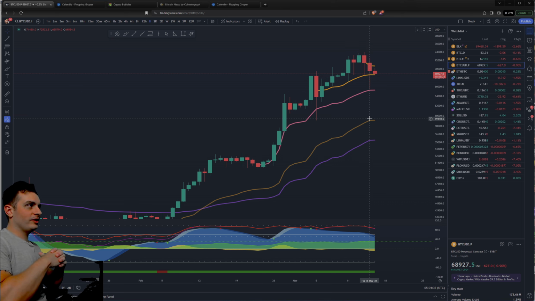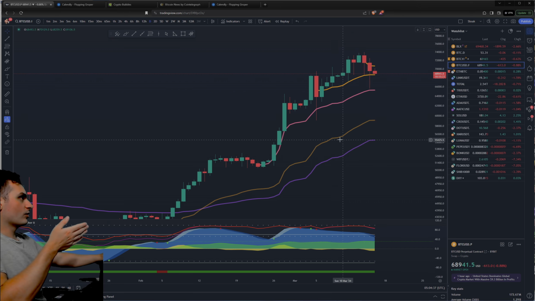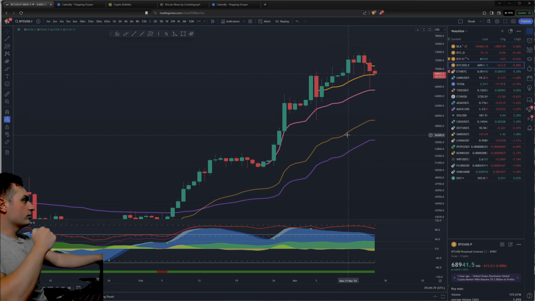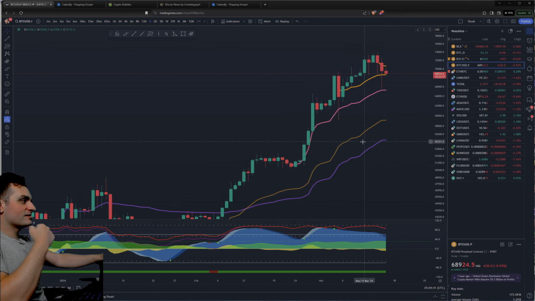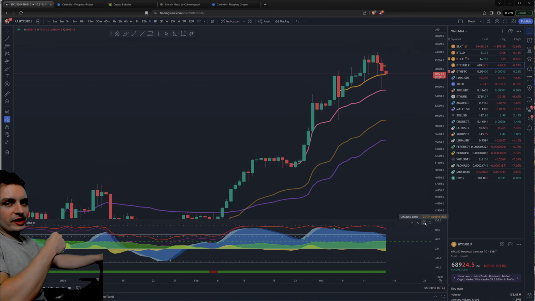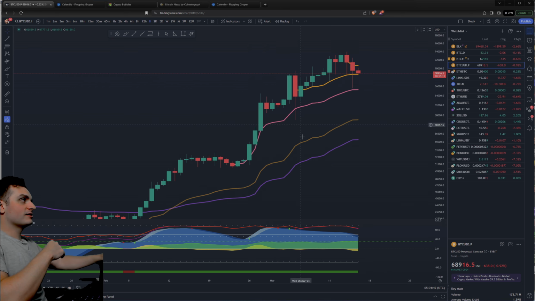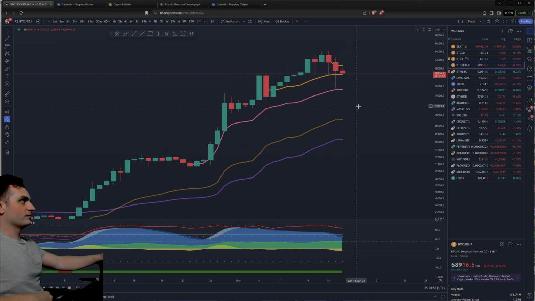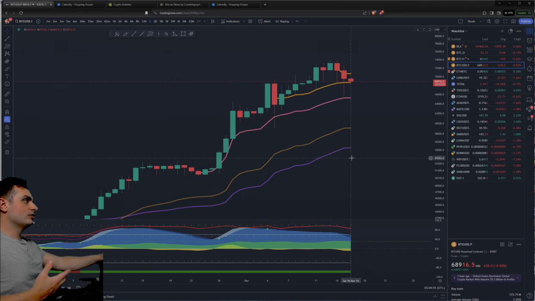So the fact that we have some dynamic supports that are volume weighted, you know, me and CF, we love volume weighted indicators. We always weigh the money flow very highly. Volume based indications are typically leading and very effective. And so I'll be looking for big moves, big wave interactions at these lines.